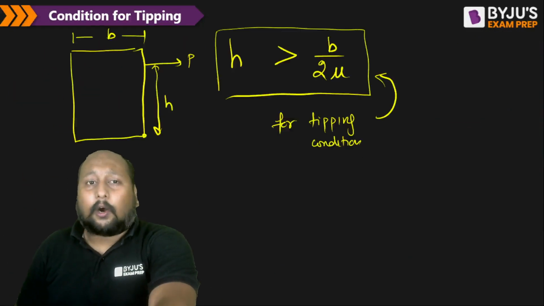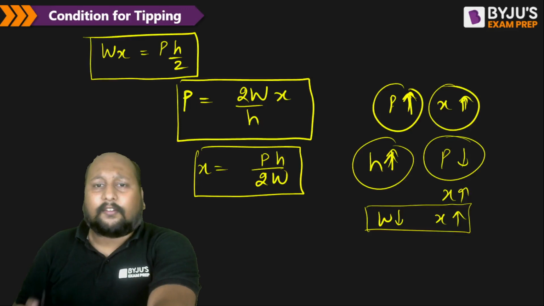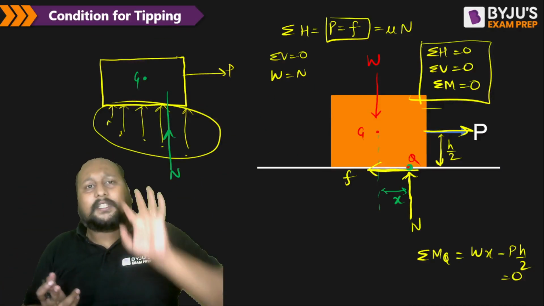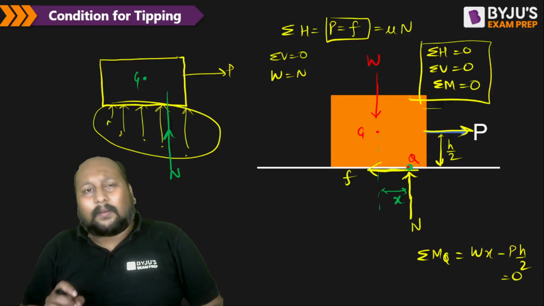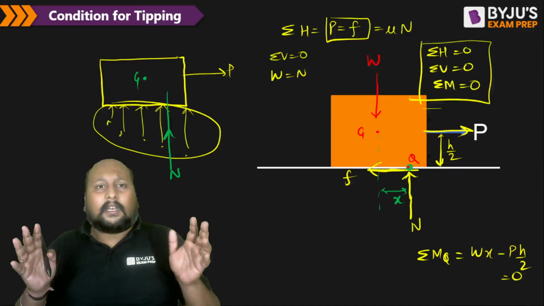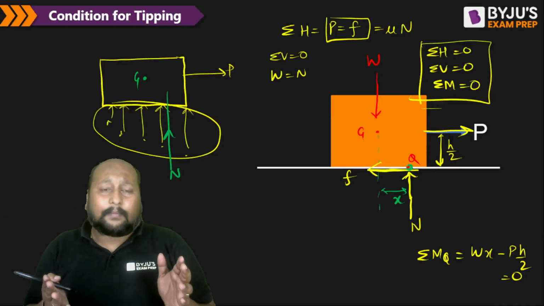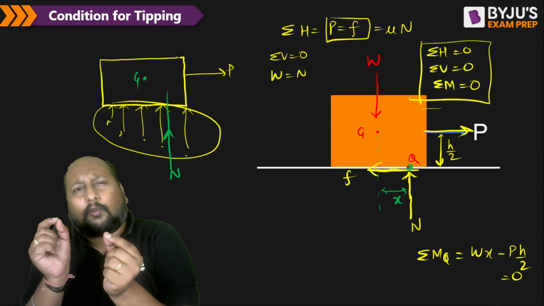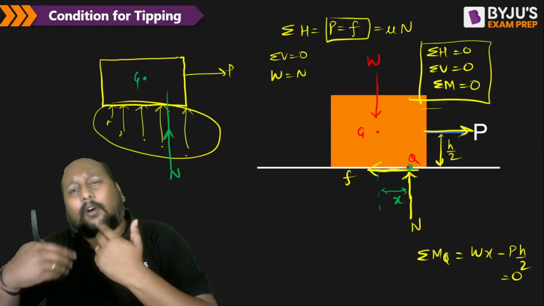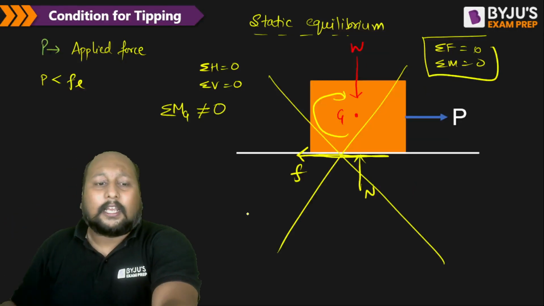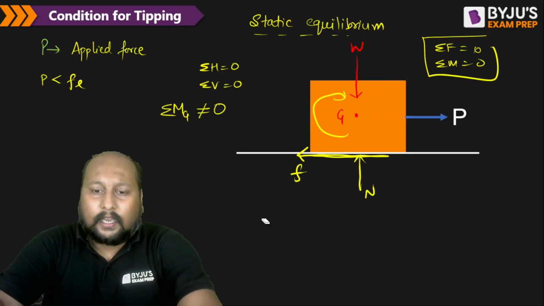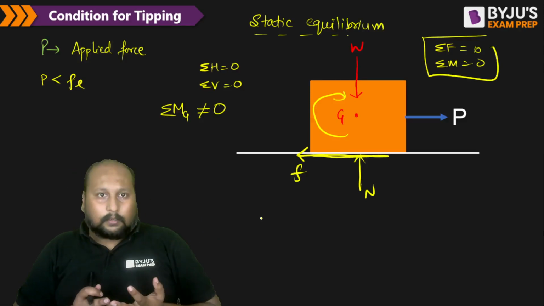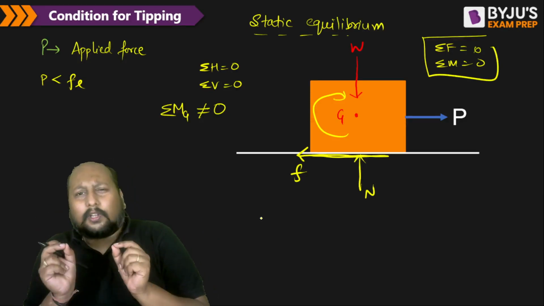Now, one more doubt you will be having: sir, why, when we are drawing the free body diagram of bodies, are we always taking the normal reaction through the CG? Why are we not taking the offset? The reason being, the bodies we deal with in competitive examinations are only smaller bodies, so their x is very small. So approximately the normal reaction is passing through G, and we won't have much of a difference.